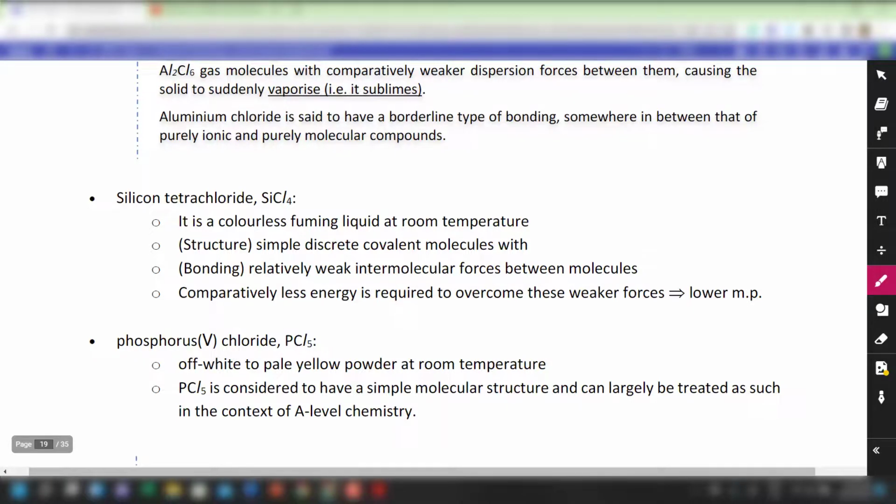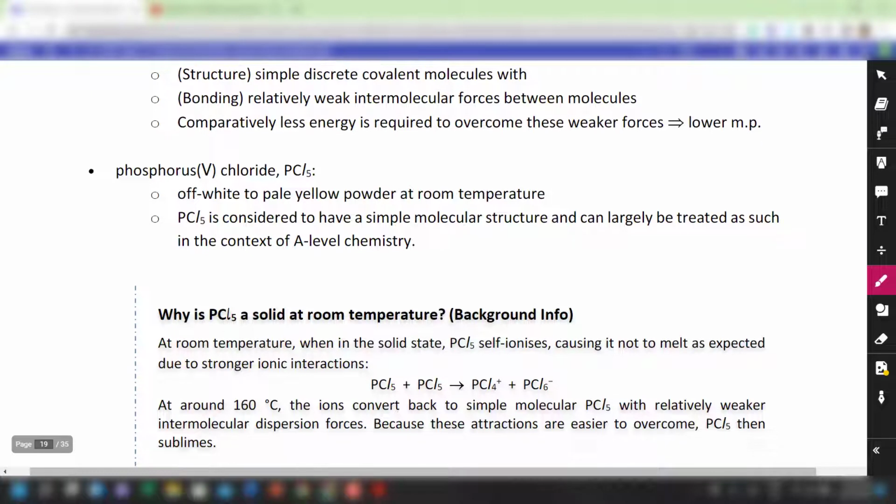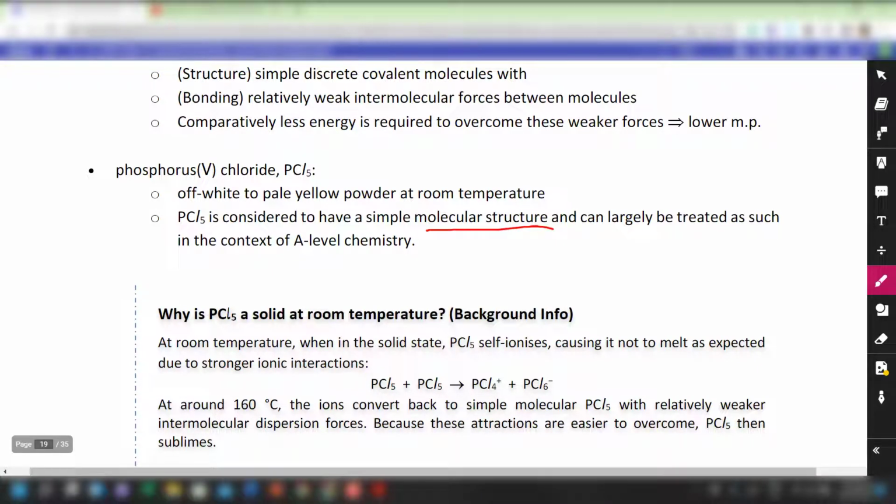In the process, you will see white fumes of HCl. PCl5 is an off-white solid, sometimes appearing a bit pale yellow. It's considered to have a simple covalent structure. This can be largely treated this way given the context for A levels.